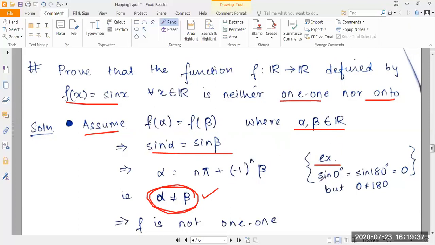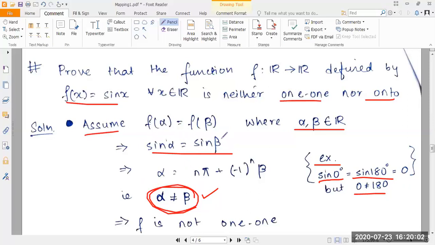For example, you can consider the situation where sin 0 degree is equal to sin 180 degree, both of them are equal to 0. But obviously 0 is not equal to 180 degree. So sin alpha equal to sin beta does not necessarily imply that alpha equal to beta. There may be a situation that alpha is not equal to beta, but sin alpha equal to sin beta.